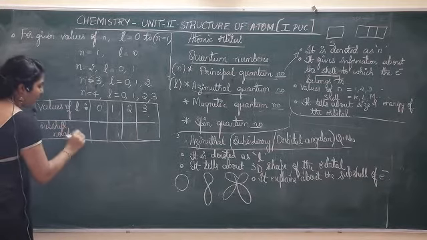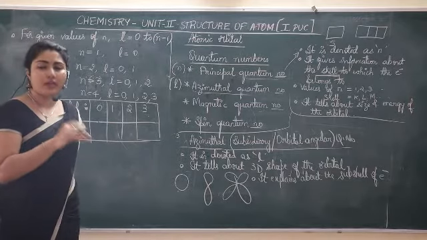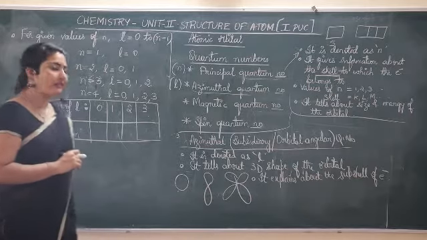So the subshell notation, always remember, it's very important, this part. In the competitive exams you get many questions from this. So if you understand it now, it will become easier for you.